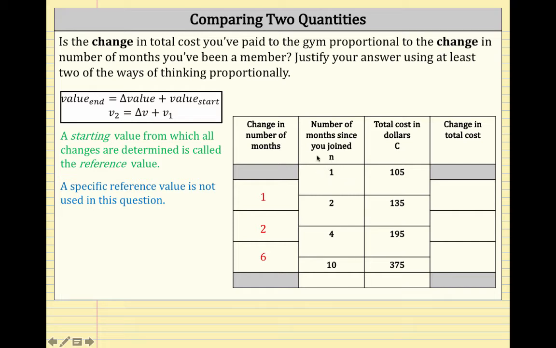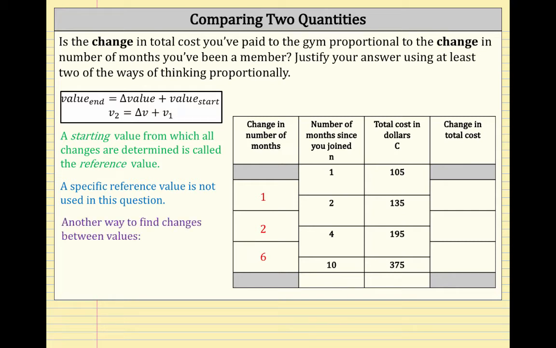That is not how changes are tracked in a table normally. But if we did use a reference value, if I start at 1, how much does it take to change to 2? That would be 1. To go from 1, the reference value, to 4, that would be 3. And going from the reference value of 1 to 10, that would be a change of 9. So that's how a reference value would work. We did not have that in this problem.